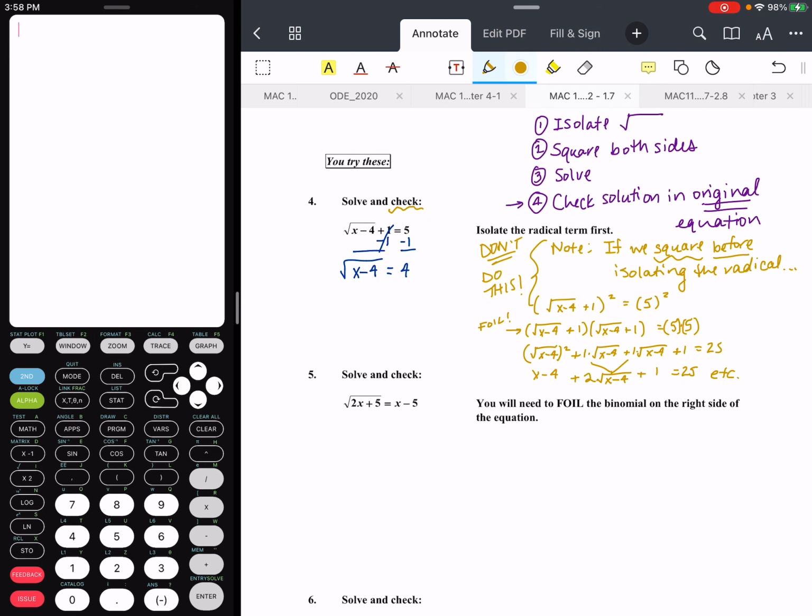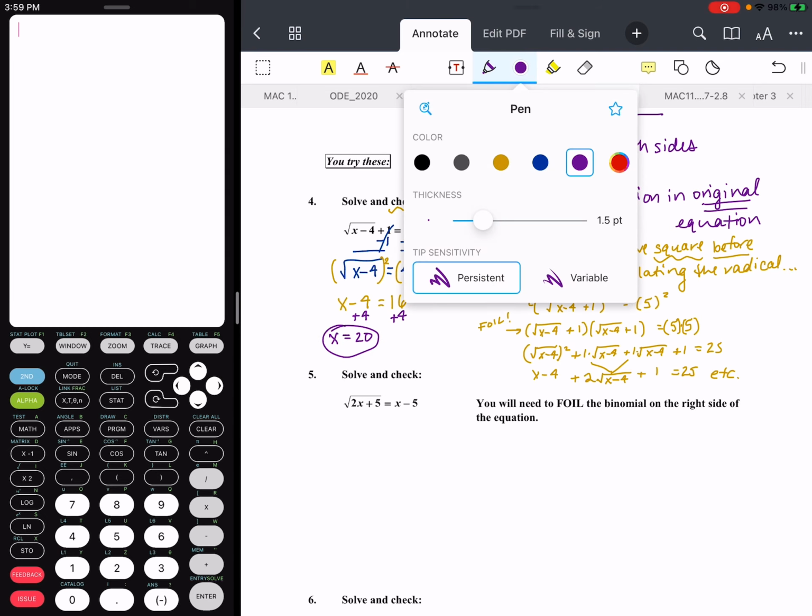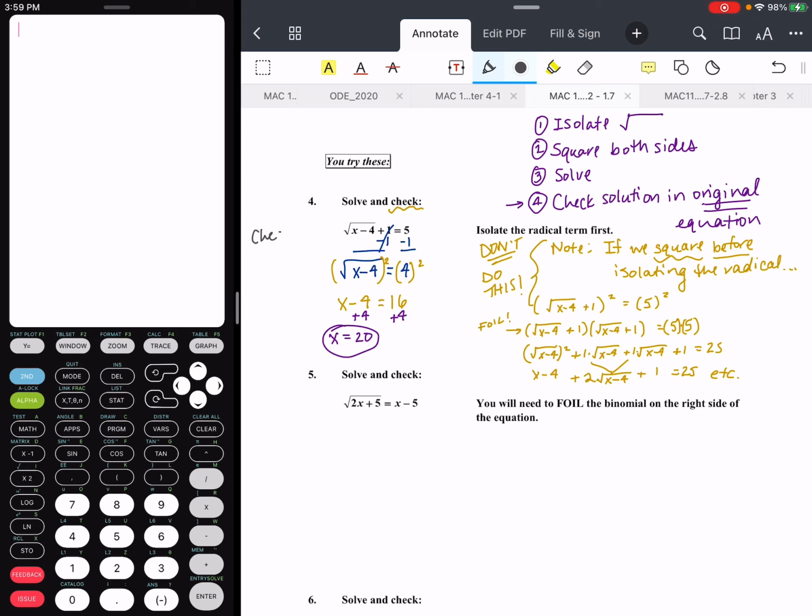And now that the square root is isolated, now we can square both sides. So I get x minus 4 equals 4 squared, which is 16. And then I'll add 4 to both sides, solve and get x equals 20. Fantastic. And then for my check, let's check it over here to the side.